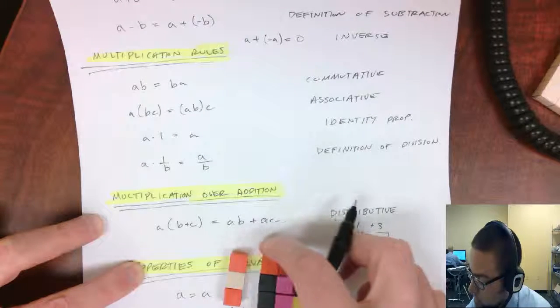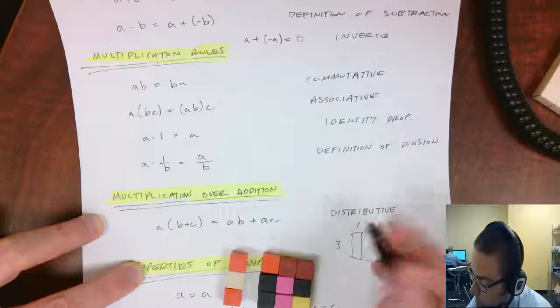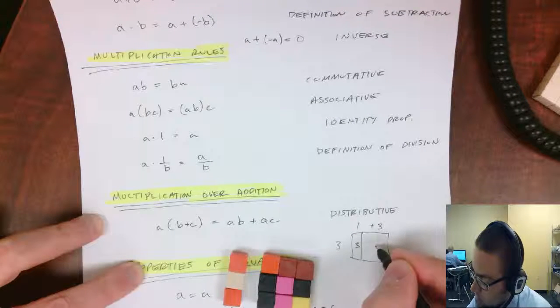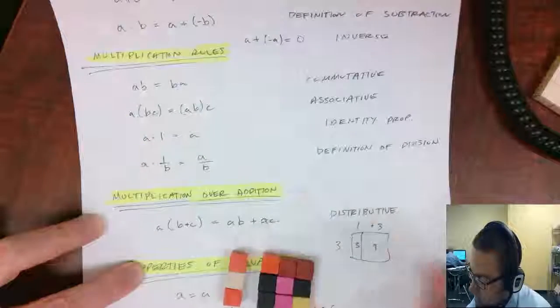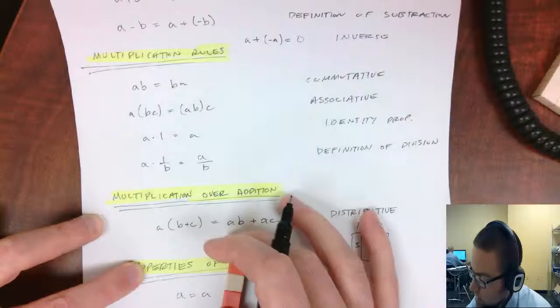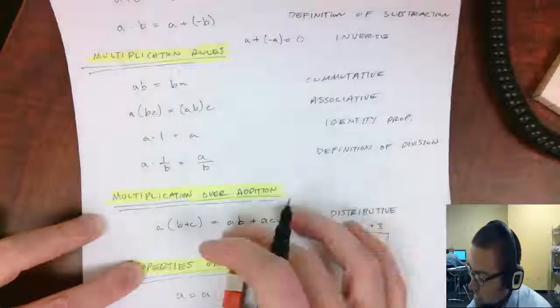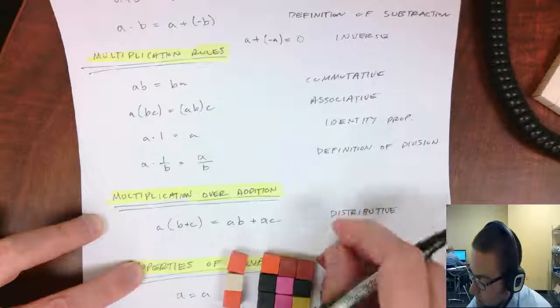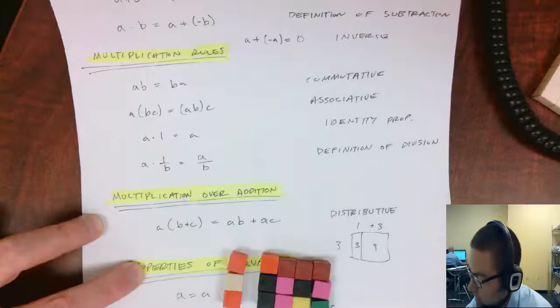Or I could do 3 times 1, which is 3. And then 3 times 3 is 9. And then I add them together. So I have 3 plus 9 is 12. So you can see that this is always going to be true if I use any number of cubes, anything where I'm multiplying an area together.